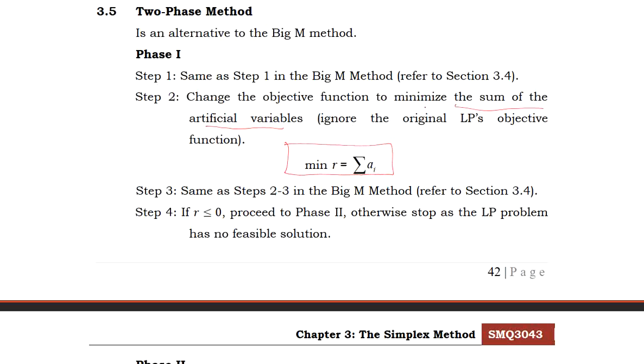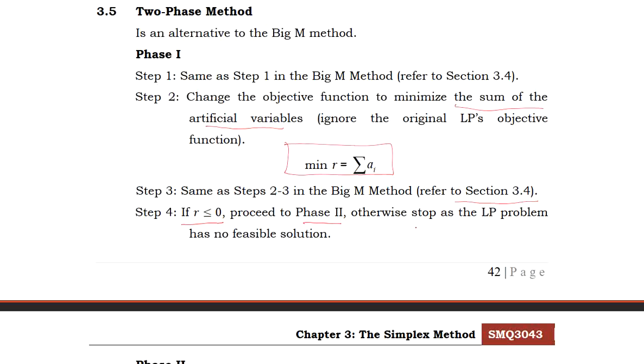In step 3, same as steps 2 and 3 in the Big M method, so you can refer to section 3.4. And step 4, we need to check at the optimal tableau if the R value is less than or equal to 0, only then we proceed to phase 2.